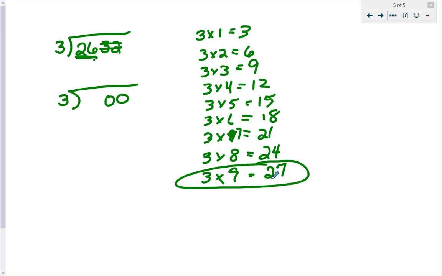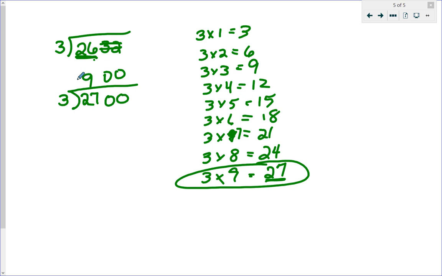All right, so I want to change 26 to my number over here. So instead of 26, now I have 27. Now I can put these zeros up here. And now I say, what times 3 is 27? 9. So my answer would be 900 is the estimated answer for 2,632 divided by 3.